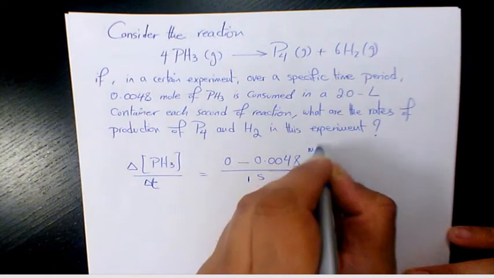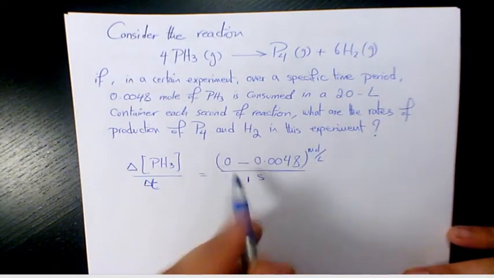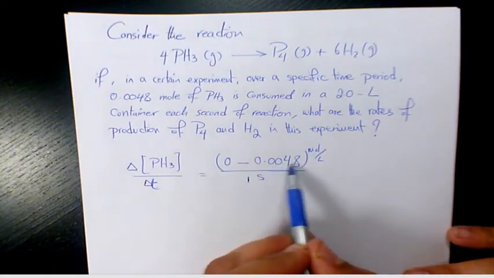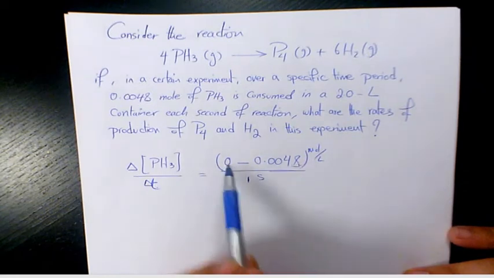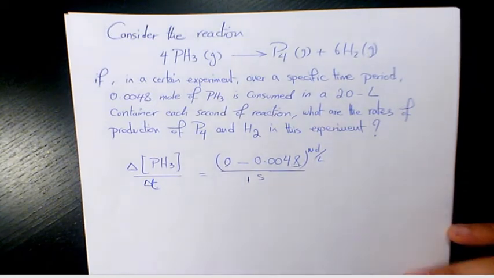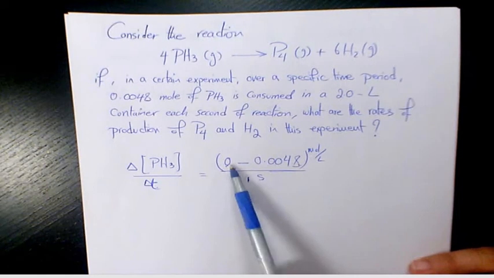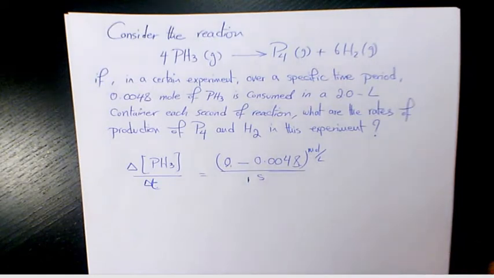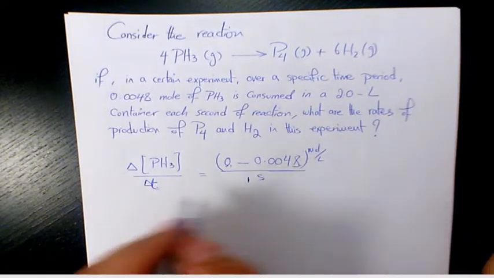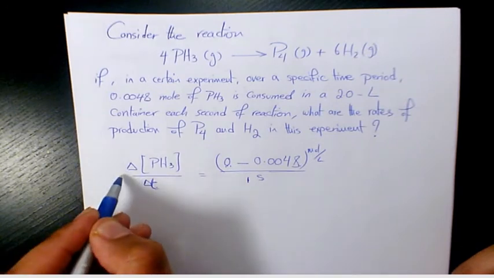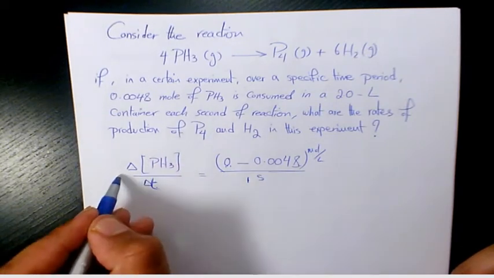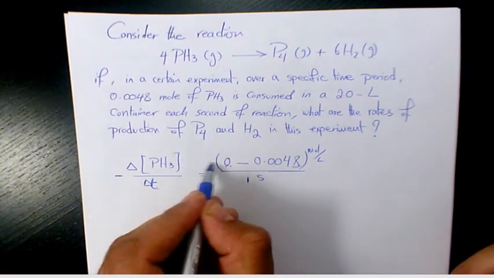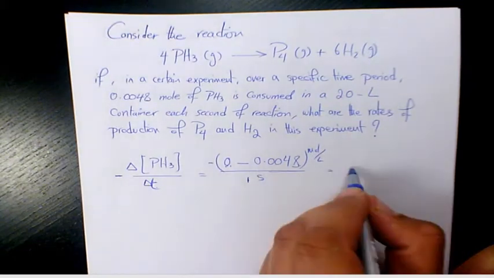That's mole per liter. Why 0? Because that's going to be the second concentration. It means the difference between each second in terms of concentration. So as I said, since it's consumed and it's the reactant, we need to put the negative in here, and that's going to make it positive.